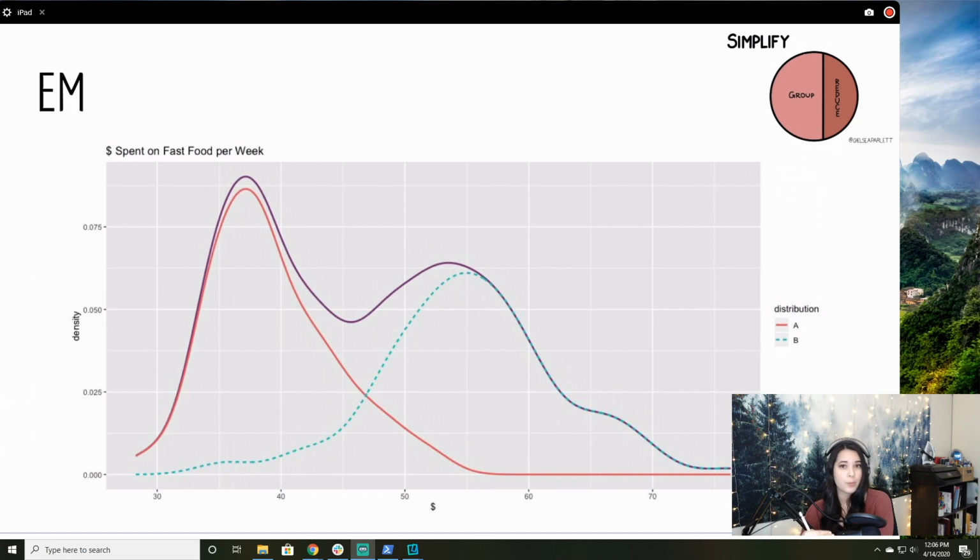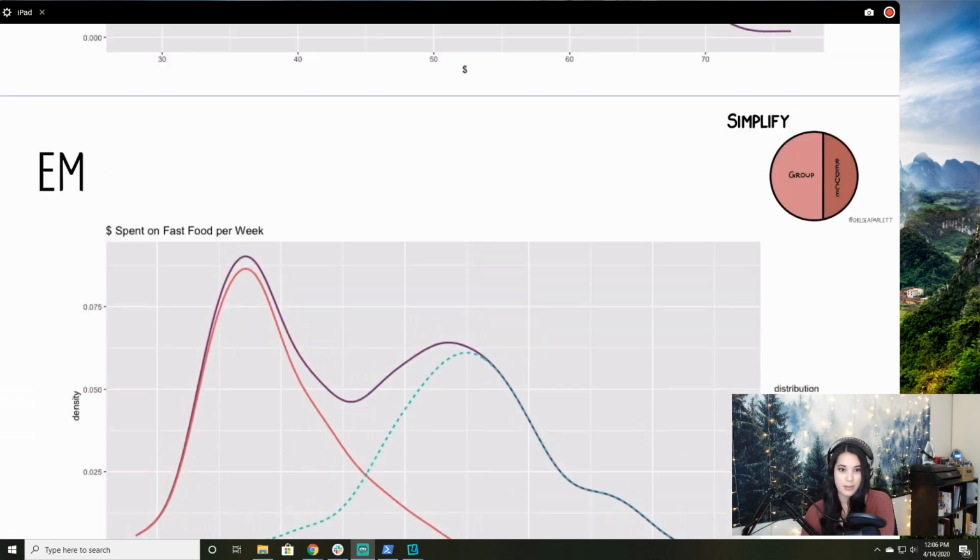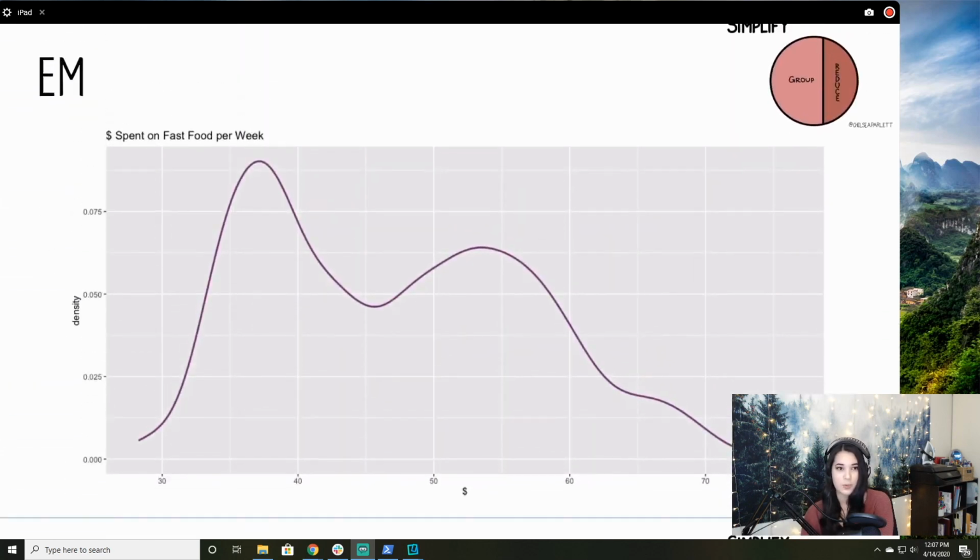The pink group might be the people who don't spend that much on fast food, and they tend to get less when they do go get fast food. And then you have people in the blue group who spend a lot more money on fast food, but tend to have a larger variance in the amount of money that they're spending. So you can see from this plot how these two groups, when put together, would make this purple curve.